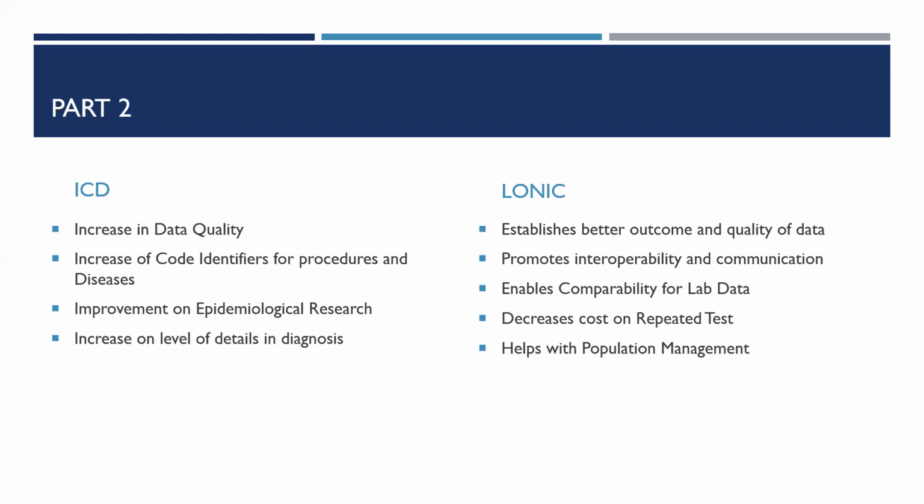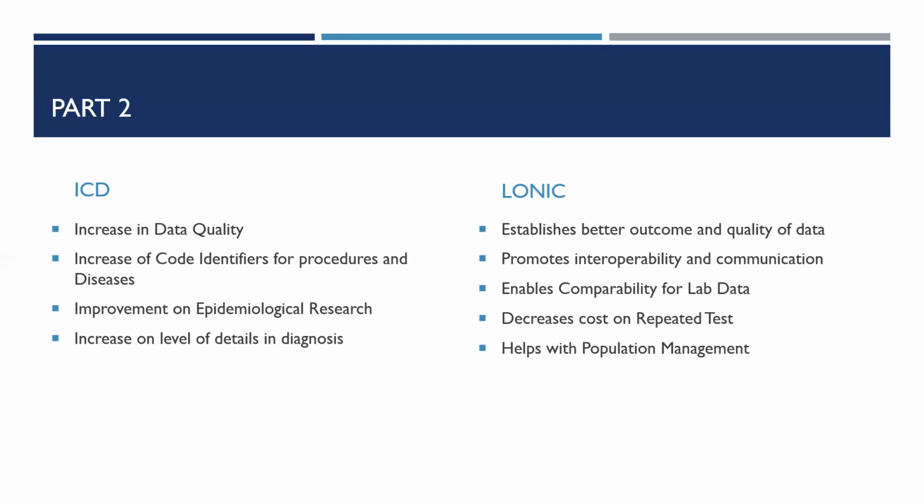And it expanded into this whole list of procedures, ways to communicate, different diseases, and how these procedures and diseases are related to one another. It's also helped with the improvement of epidemiological research, which was very important during COVID-19.